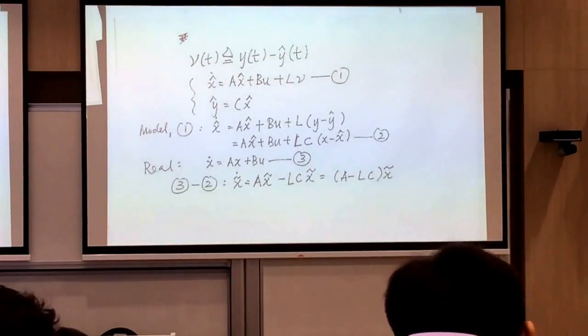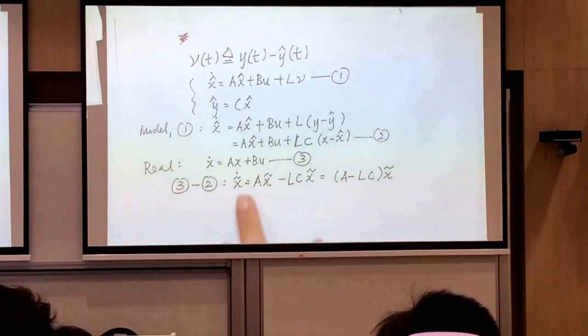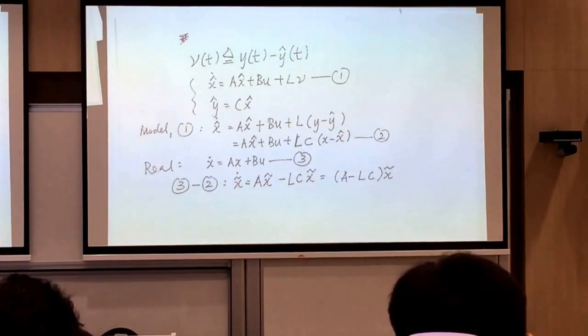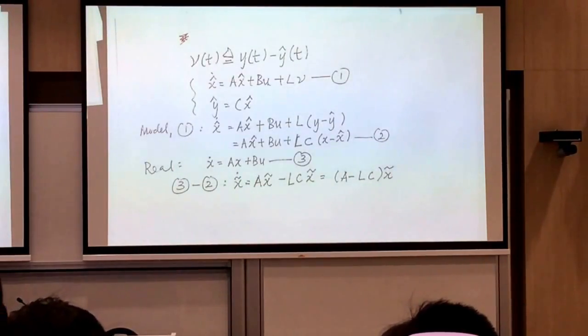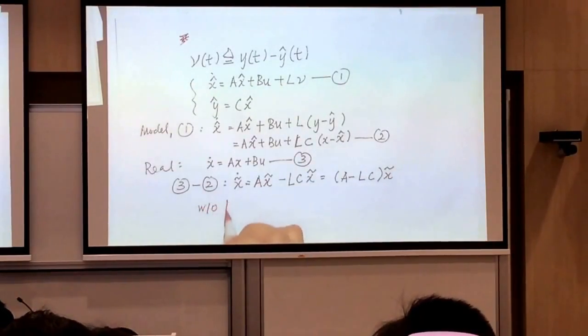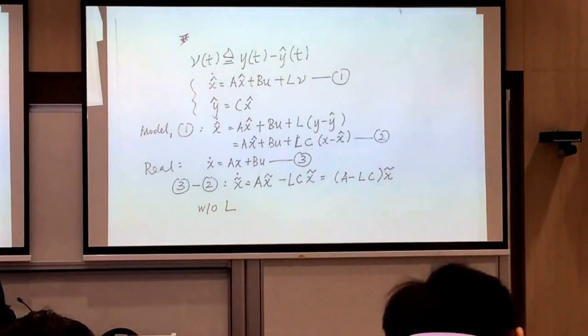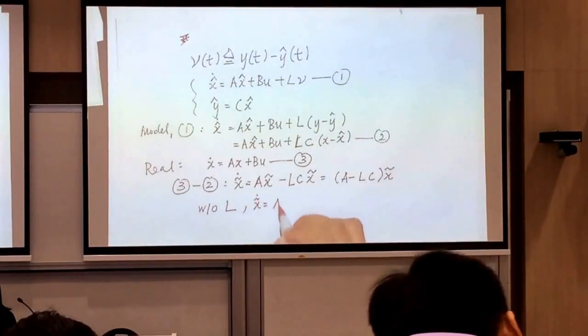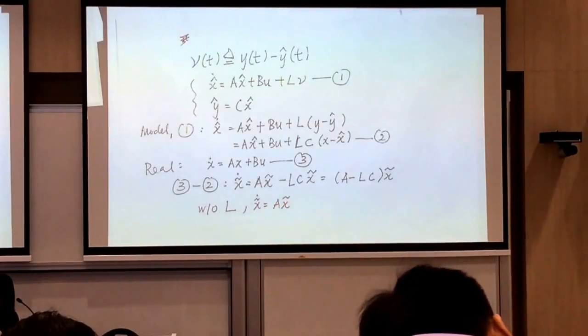Recall that initially, without the feedback L, x tilde dot was just A x tilde.